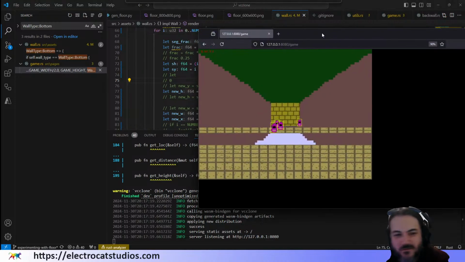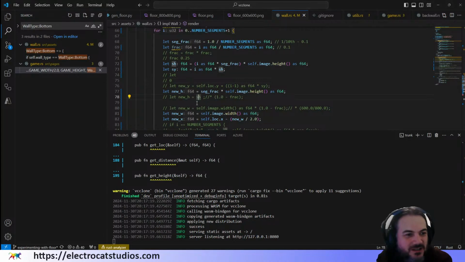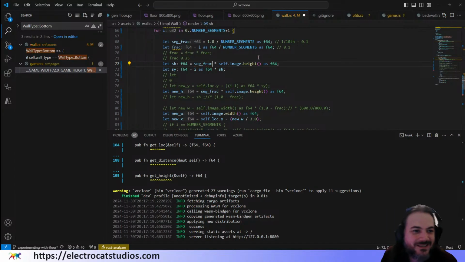And what the hell's this gap in the middle? This is so odd. Oh, I don't believe it. Yeah, so the start, I'm adjusting the start height.